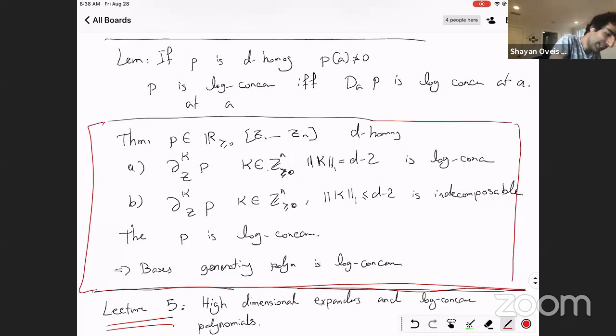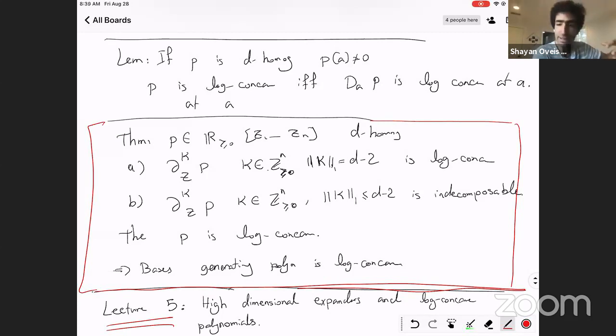Okay, so this is basically the main theorem that you get at the end of the day, which is that you have a polynomial p, and again, this is for dehomogeneous polynomials. If it satisfies these two conditions: the first one is that if you differentiate enough, so here by kappa I mean a non-negative integer vector, and by partial of kappa I mean partial z1 to the kappa 1, partial z2 to the kappa 2, etc. So you differentiate enough until you get to a degree 2 polynomial, all possible ways.